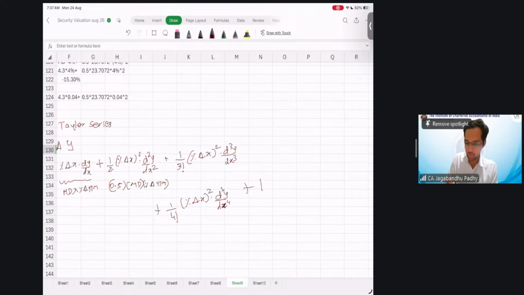If you want to improve it further, add 1 upon 5 factorial into percentage change in x raised to 5 into the fifth derivative of y. So you can keep on adding terms to get an even more accurate estimate. But for us in finance, we are just stopping at the second order derivative because that much is sufficient for our calculation.